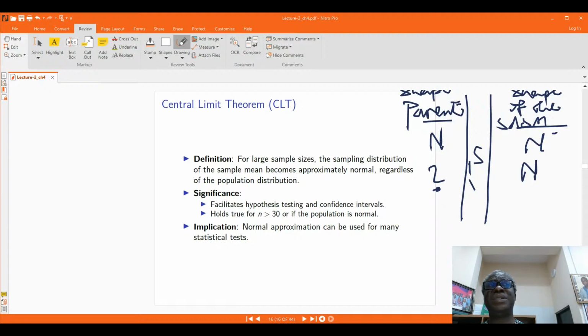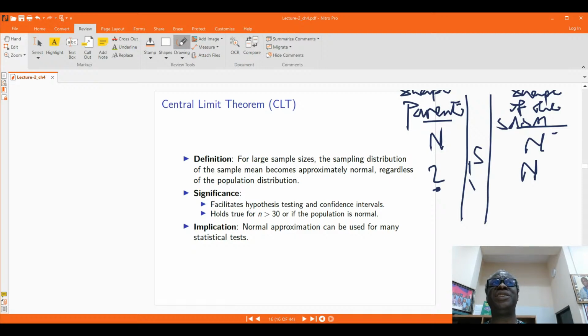So if the parent population is normal, but you don't have enough sample size, there is no cause for alarm. The sampling distribution of the sample mean will still be normal.